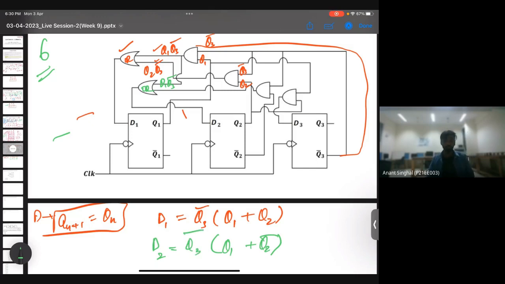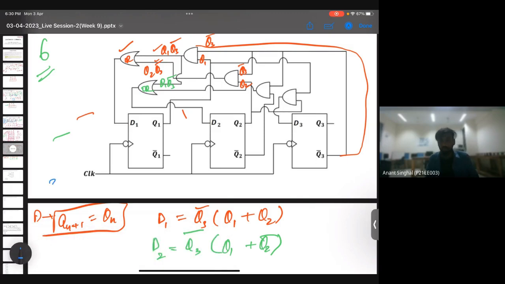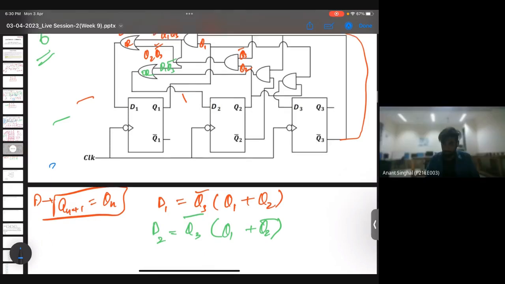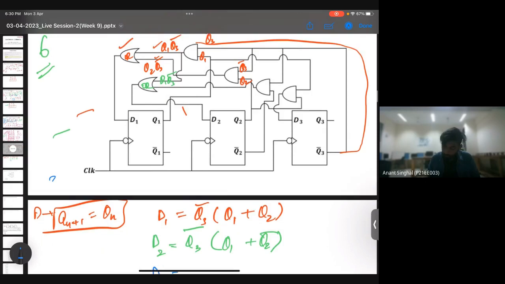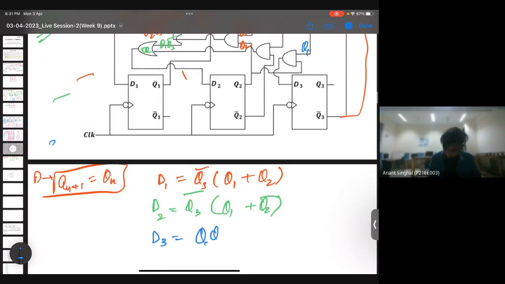Is it fine, everyone? Okay, so now we'll write for D3. D3 is nothing but an AND combination only of this thing is Q1, and this thing is Q2. So D3 is nothing but Q1 Q2.